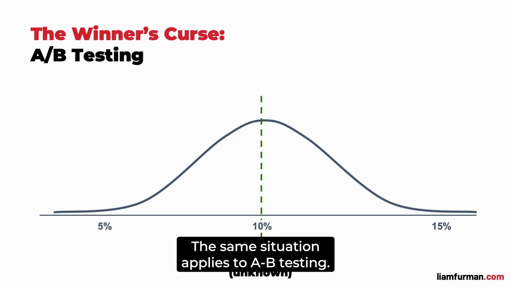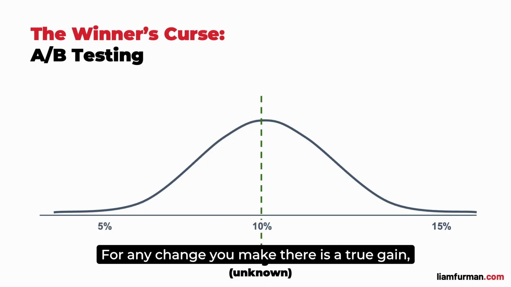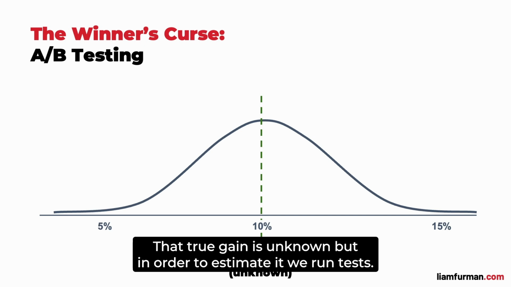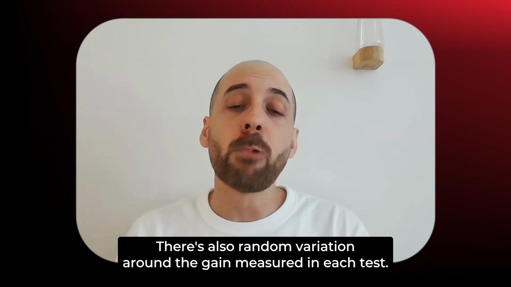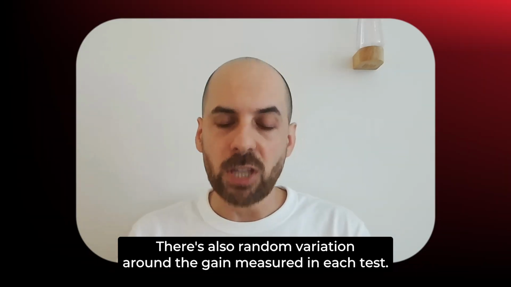The same situation applies to A/B testing. For any change you make, there is a true gain: the actual increase in conversion you'll experience if that change goes live. That true gain is unknown, but in order to estimate it, we run tests. There's also random variation around the gain measured in each test.